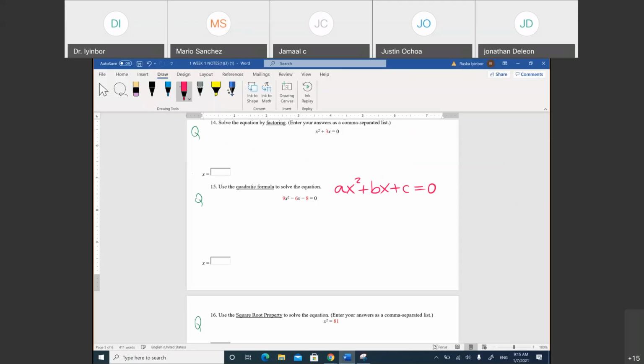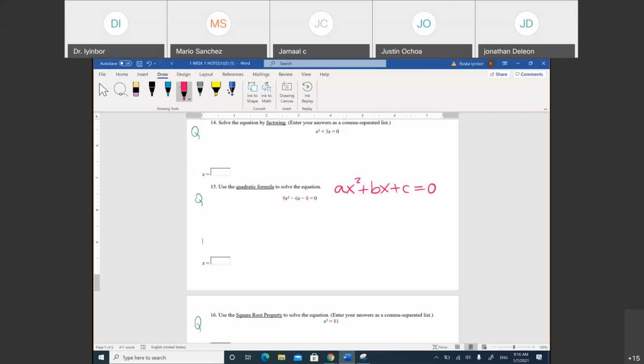I'm putting all these letters because a is in front of x squared, so usually you have a number in front of x squared. b is the number in front of x, whatever is in front of x, and then usually there's a number by itself in the end. So this is the general form of the quadratic equation. When you do the parentheses, this is what you're going to get. You're going to have x squared, you're going to have x, you're going to have a number probably by itself, and everything should be equal to 0.